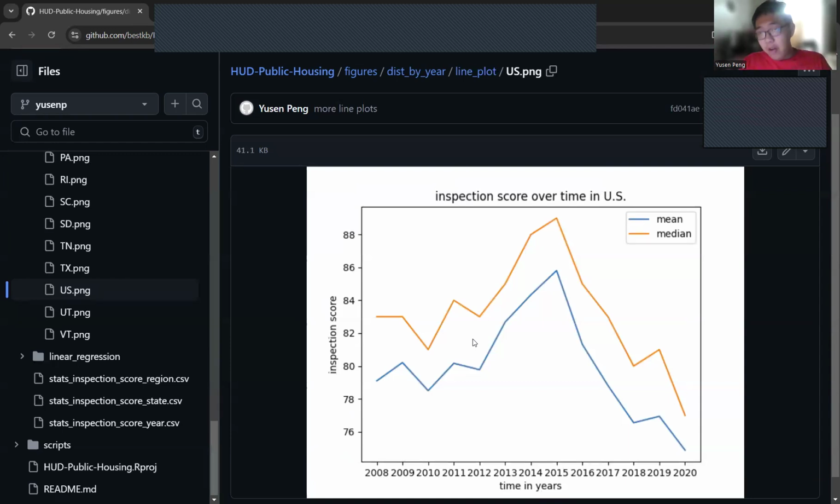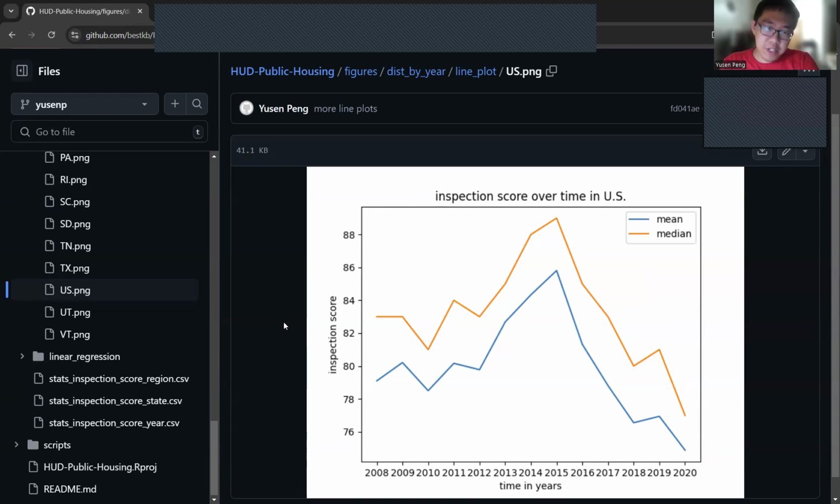We could analyze panel data over different places, like what we did in the histogram, where we see in 2020 the basic distribution of the inspection score. But here we're focusing on the timing factor of the panel data, and we are keeping track of the inspection score over years to see how it has changed.